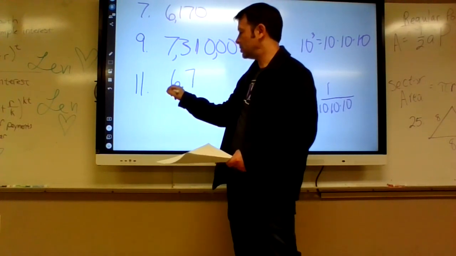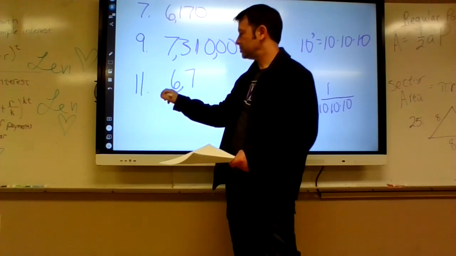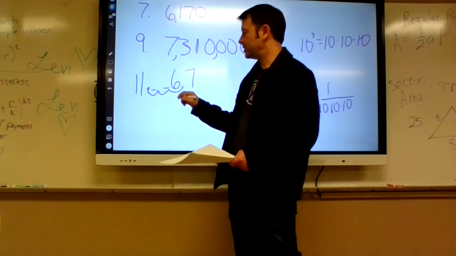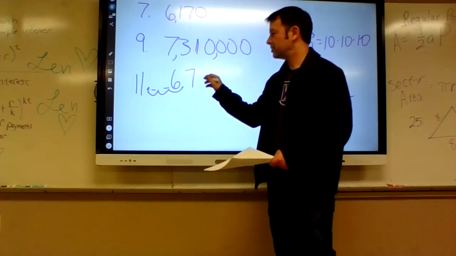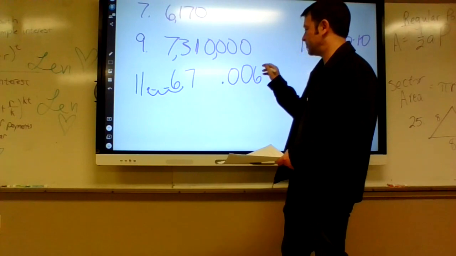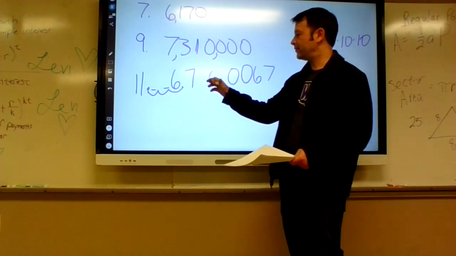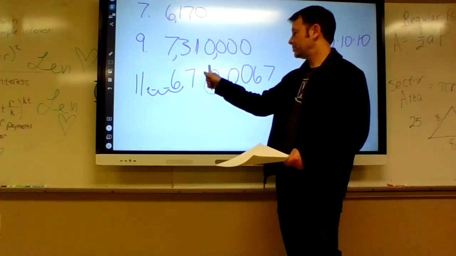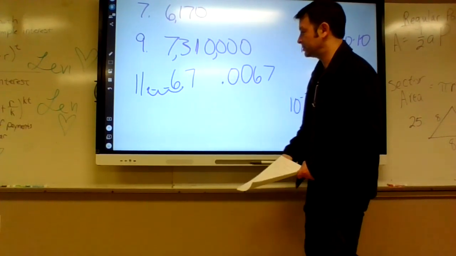So 1, 2, 3. So what do we do with these 2 blank spots? Zeros. So we got 0.0067. You can put a 0 in front of the decimal if you want for like the whole numbers, but I usually skip that part and just leave it like that.